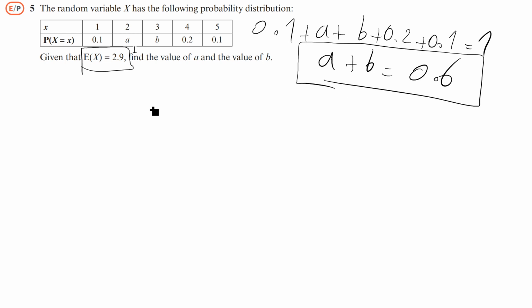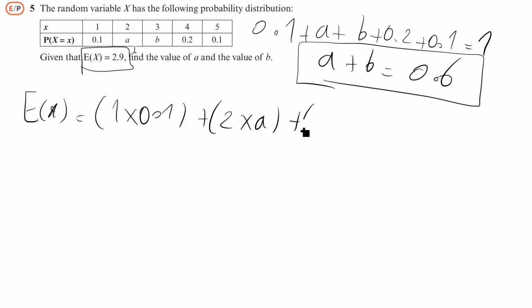And the second thing that we need to remember is the expected value of x. We need to refer back to the way that we used to find the expected value of x. So we do that by this method, by writing everything out.